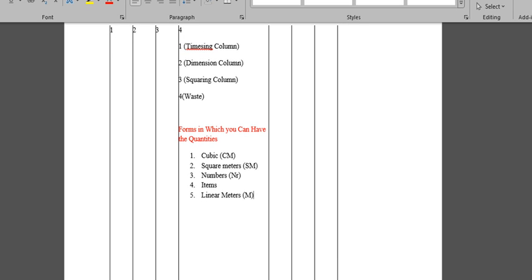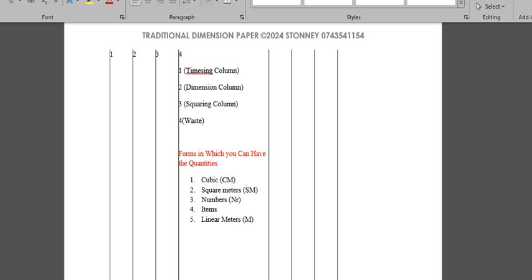So as we go on, let's see how, for instance, you have an item that you need to express in cubic meters. We're just going to use figures for example purposes, so that you know in cubic meters this is how I'm going to enter the dimensions, do the squaring or the timesing for that matter, and have our quantities in that particular unit.